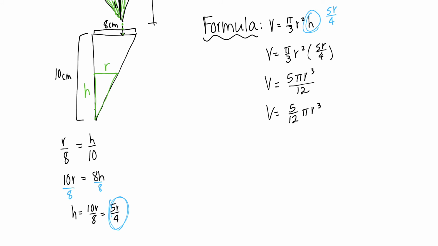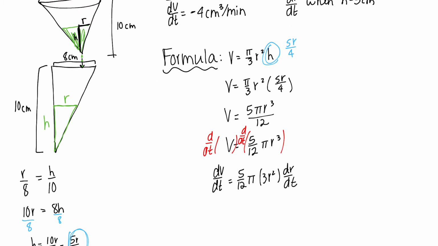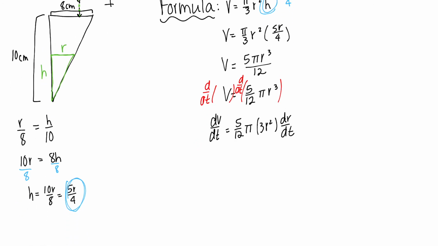Differentiating both sides with respect to time, we get dV/dt is equal to 5/12 pi and then 3r squared dr/dt. We know that dV/dt is negative 4 centimeters cubed per minute.